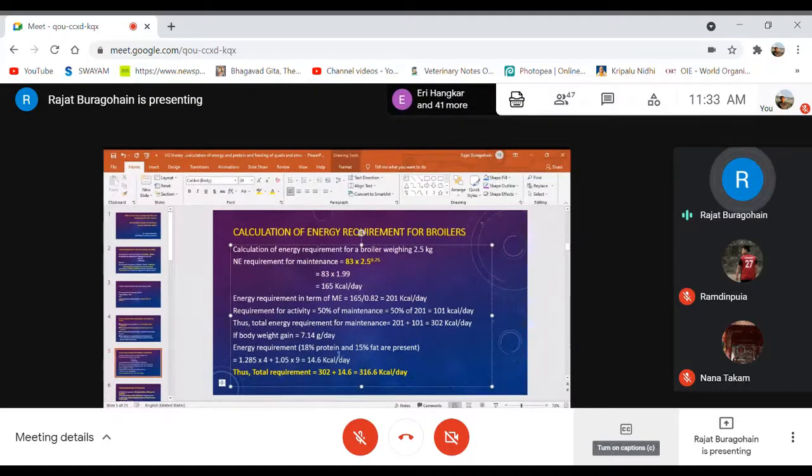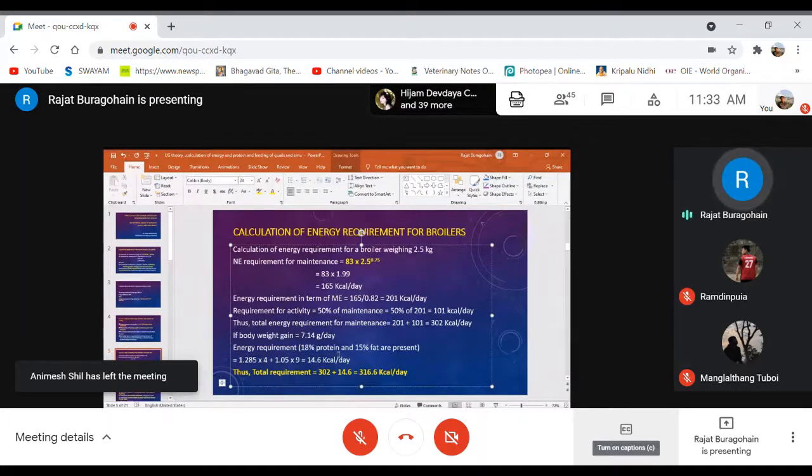And accordingly, if it is 18% protein, how much protein is in this particular gain? That means in 7.14 gram body weight gain.